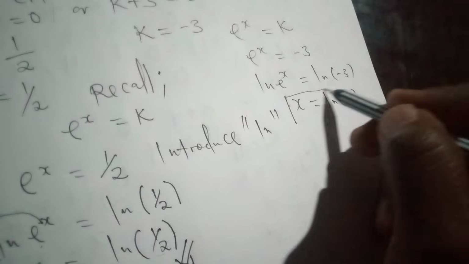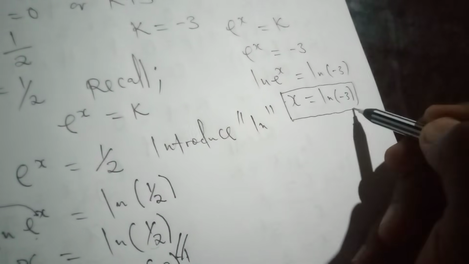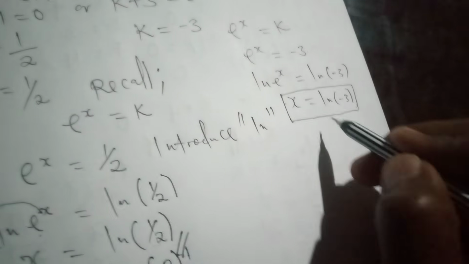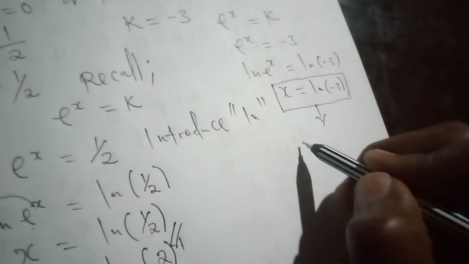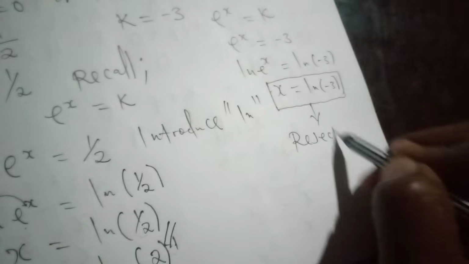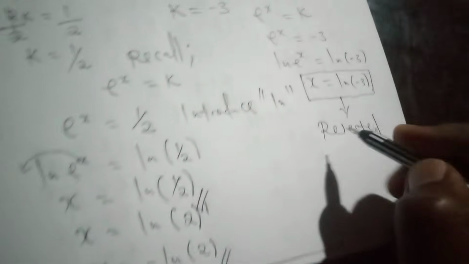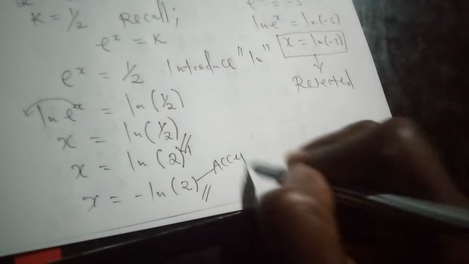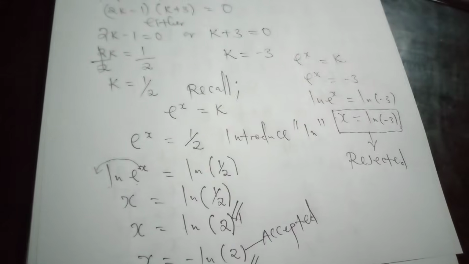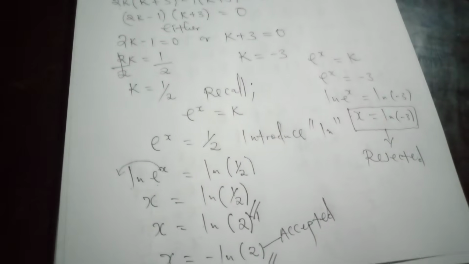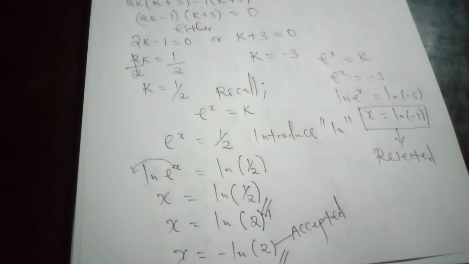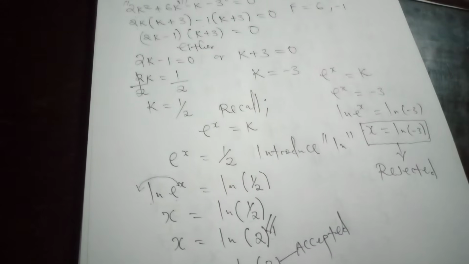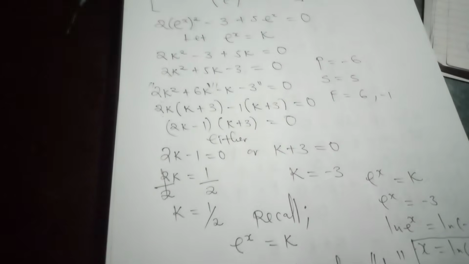So automatically this one is rejected, because when you try to punch it on the calculator it will bring a math error, so this one is rejected. So this one is accepted. Just try to punch on the calculator, you're going to see. So these are the possible solutions that were supposed to be there. We can proceed to the next question.